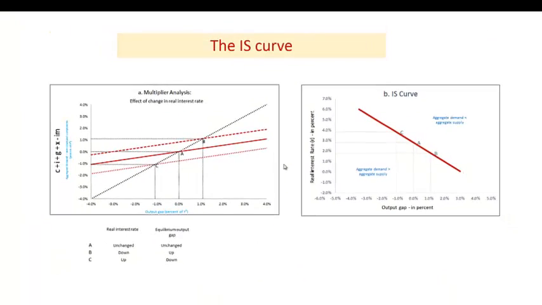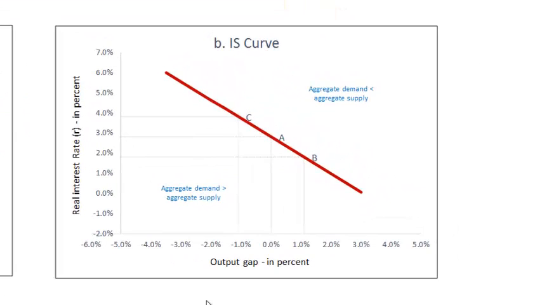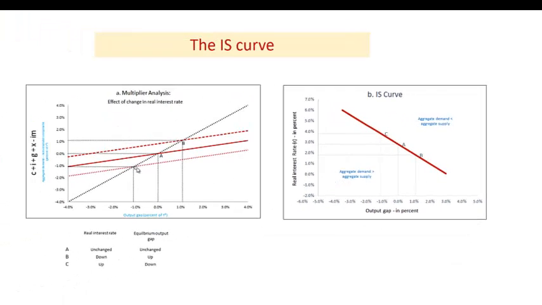There's another way we can visualize the relationship between the interest rate and the output gap. In the graph to the right, the output gap is still on the horizontal axis, but now on the vertical axis we have the real interest rate. These same 3 points, A, B, and C, are shown here to lie on a downward sloping red line.